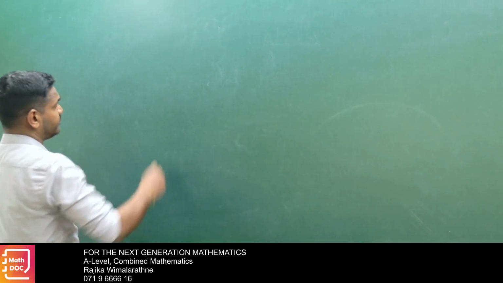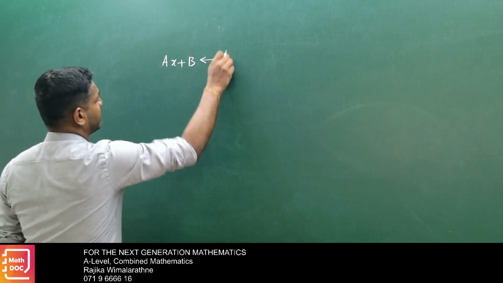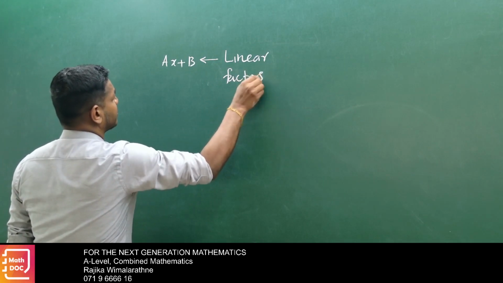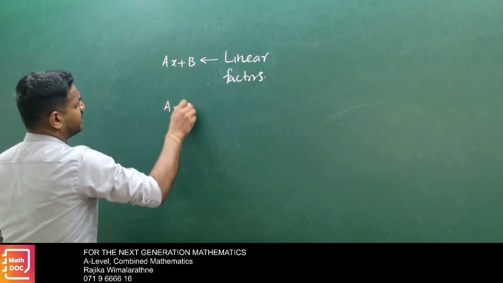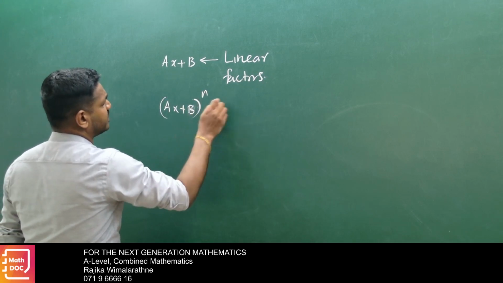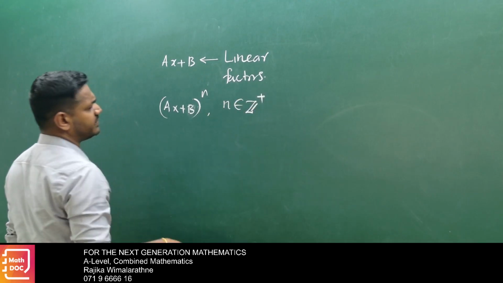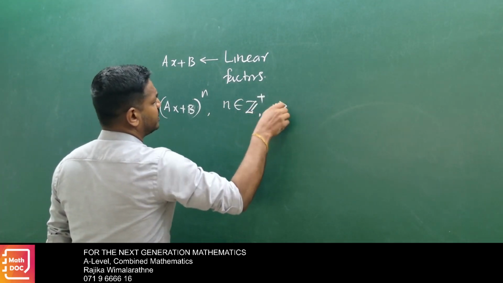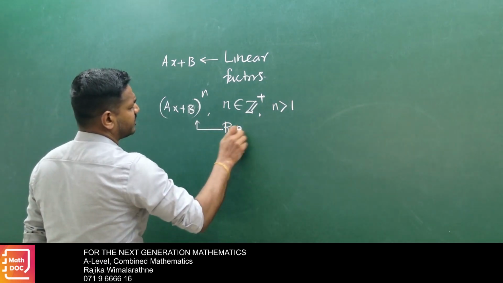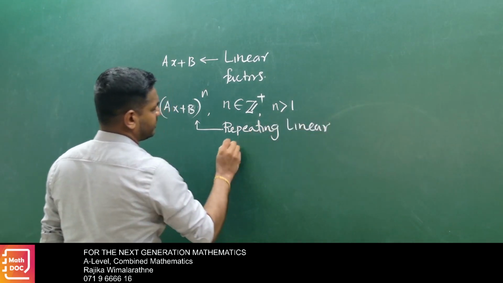Okay, now you see, the ax plus b format we call linear factors. Ax plus b to the power n, where n is a positive integer greater than 1, we call a repeating linear factor.